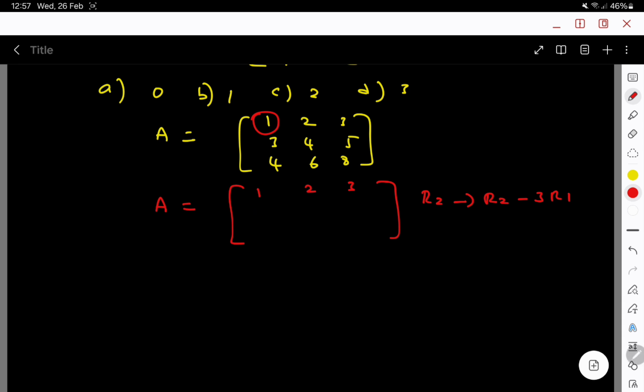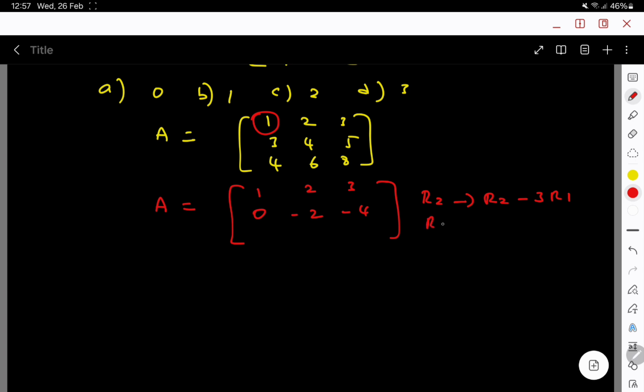So 3 minus 3 is 0. 3 2s are 6, 4 minus 6 is minus 2. 3 3s are 9, 5 minus 9 is minus 4.